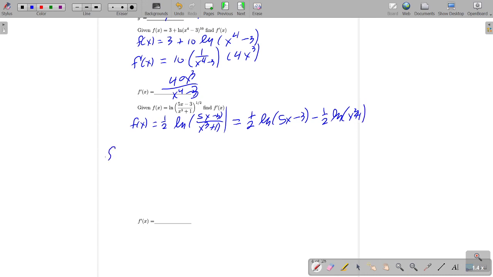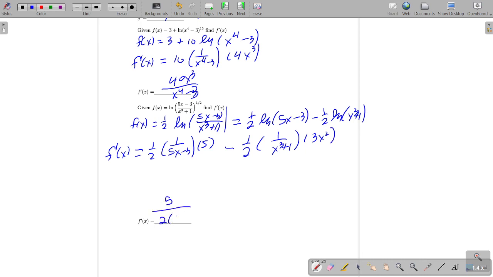Now taking the derivative of this, f prime of x, 1/2, well, that would be 1 over 5x minus 3. Chain rule gives me a 5. Minus 1/2. That would be 1 over x cubed plus 1. Chain rule gives me 3x squared. So this is going to give me 5 over 2 times 5x minus 3 minus 3x squared over 2 times x cubed plus 1.